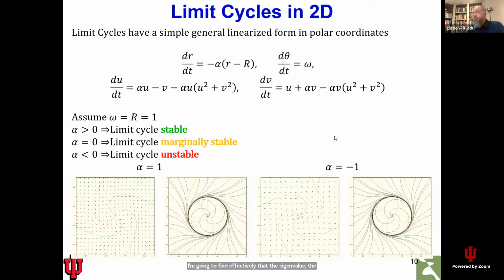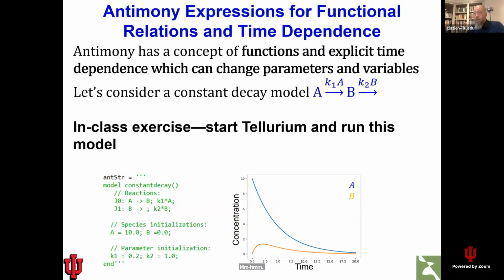Actually, minus alpha, because I changed the sign here relative to the other one. So alpha being positive is stable, alpha being negative is unstable for this picture. Good point. And so that's all that we have really in the way of fixed points.